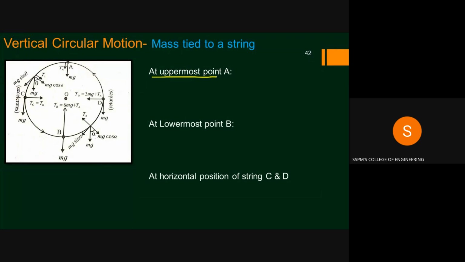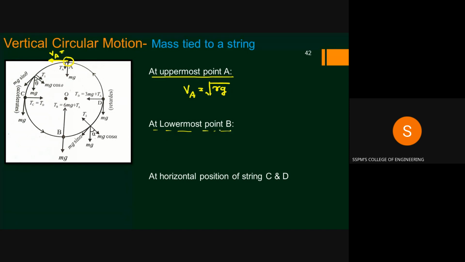At the topmost point, which is the uppermost point A, the minimum velocity required to cover the complete circle, VA, is given by the equation square root rg.